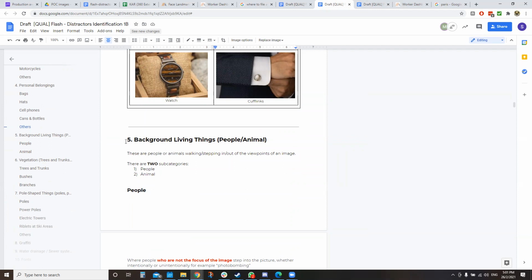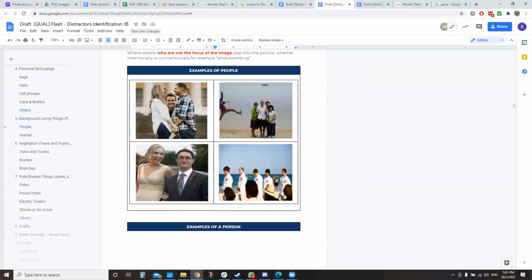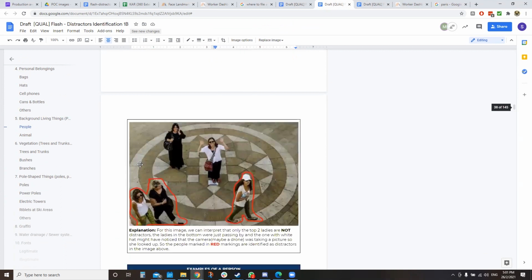Okay. So background, living things, animal, people. Very important. See, obviously, that person here, people who photobomb. Now, this one was quite tricky. Like, I asked the client, how is this woman not a distractor? Because she is not far from the center and she's also looking at the camera, she is focused.